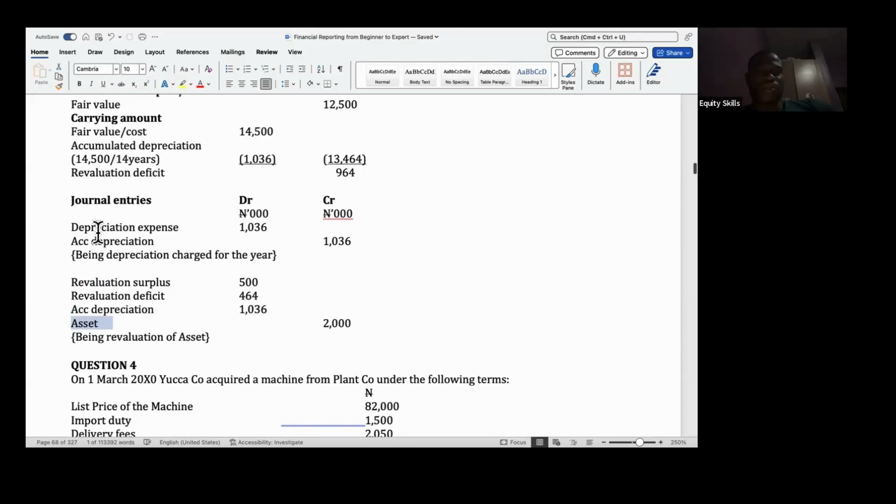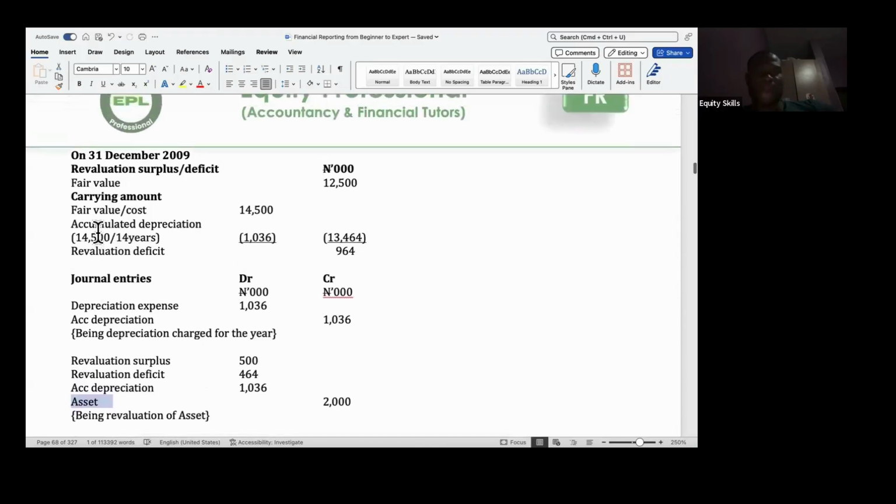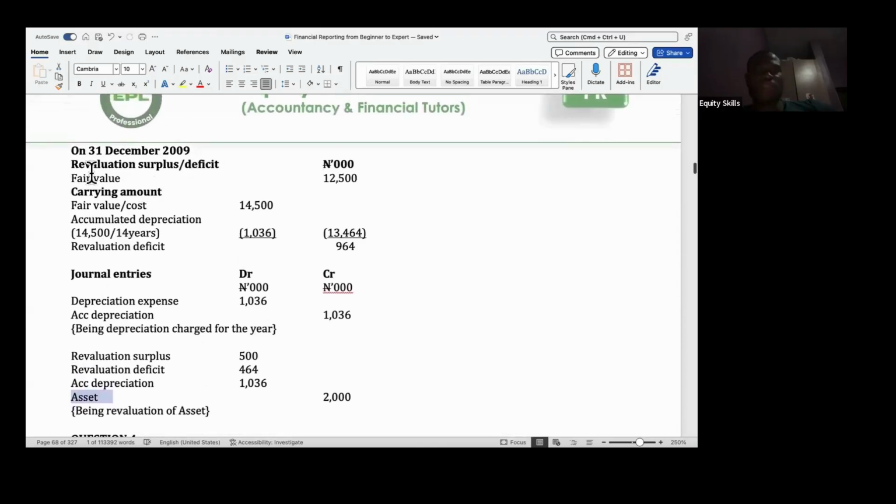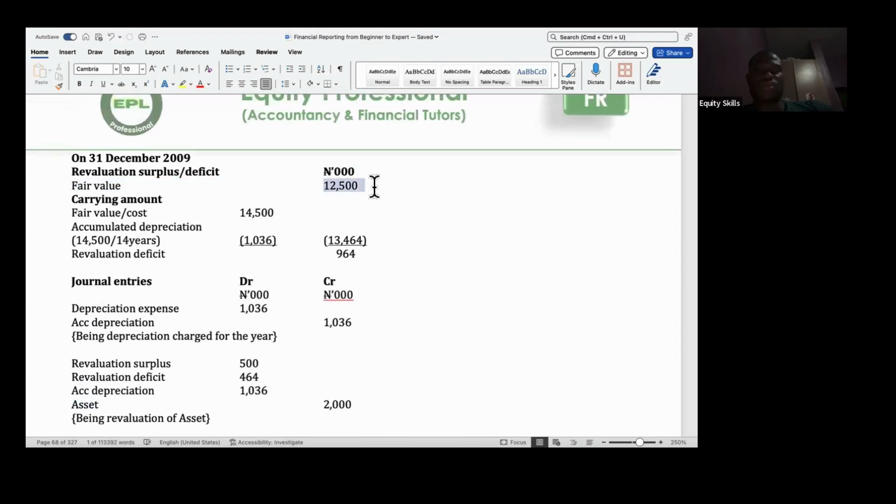So the asset account, how do we adjust it? At the beginning of this year, from this workings, the value in my asset account was 12,500, which is the fair value of the assets. That's what will be in your asset account.